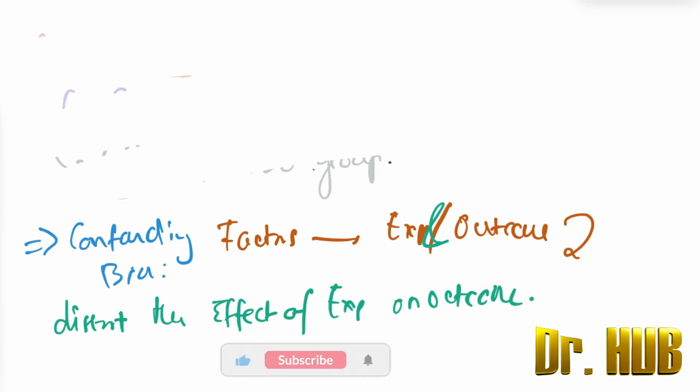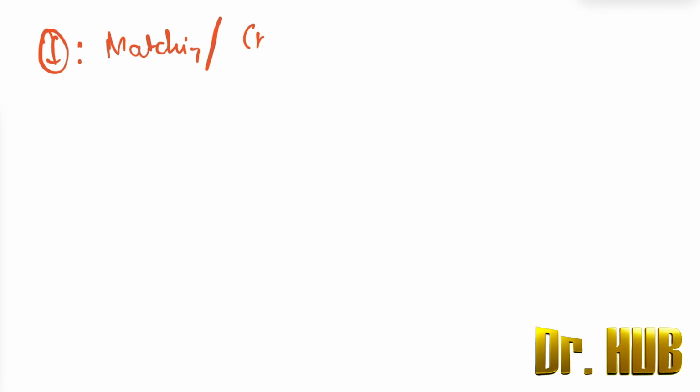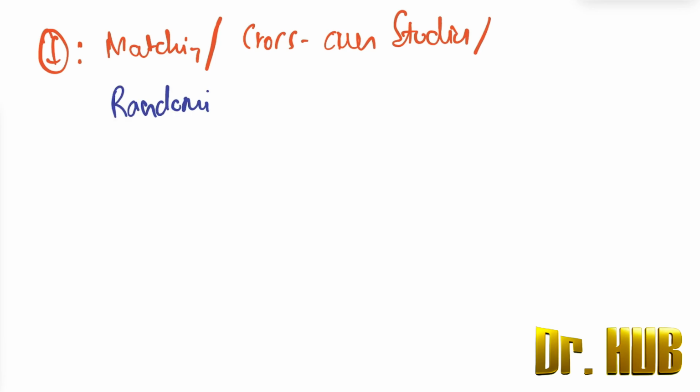So how do you reduce this confounding bias? Reduction of confounding bias is by matching. We also have crossover studies, then randomization, as well as stratification.